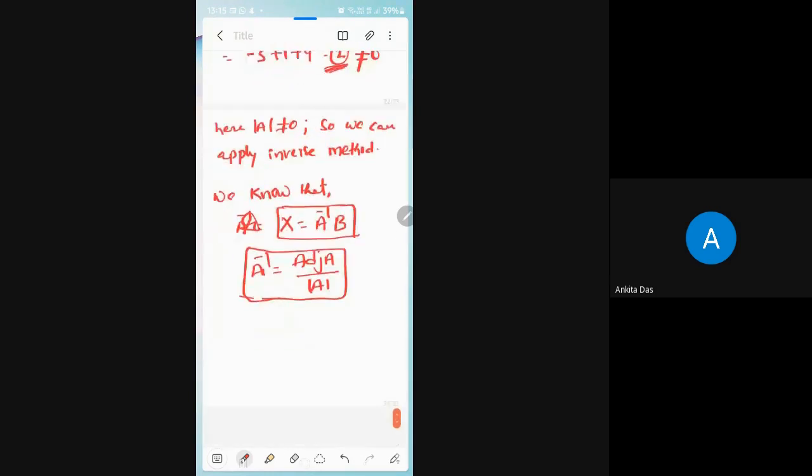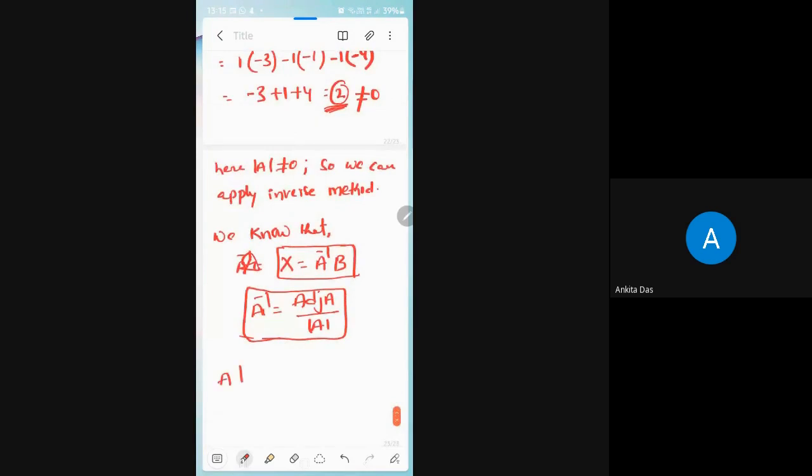So here I'm taking the side heading adjoint A. Now from the adjoint A matrix, find out. Once the adjoint A matrix is done, the question is essentially done. Remember, to find adjoint A, we need to follow a small procedure.